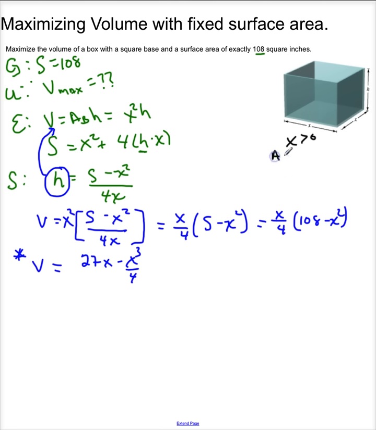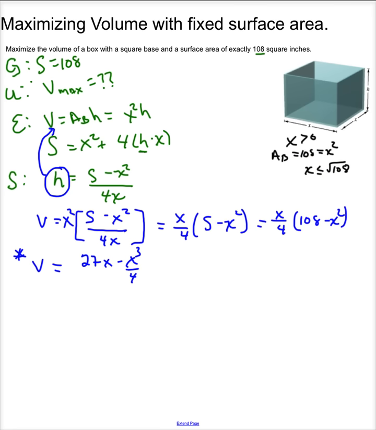The area of the base is at most 108, all right? And if that's x squared, that means x has to be less than or equal to the square root of 108. So if I get that x is the square root of 1,000, then I know I've made a mistake. We'll use this to check at the end.